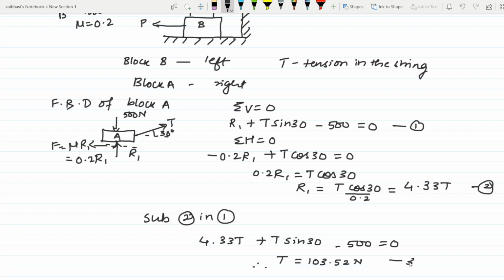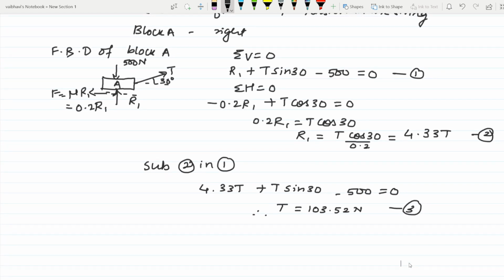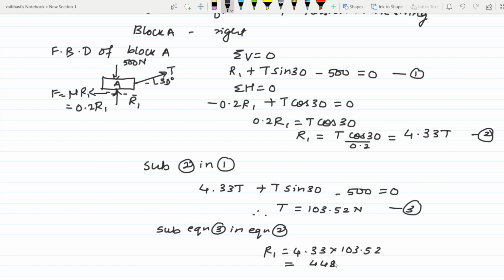Let it be equation 3. Once you get the tension in the string, substitute in equation 2. R1 equals 4.33 into 103.52, so R1 equals 448.24 Newton. Let it be equation 4.